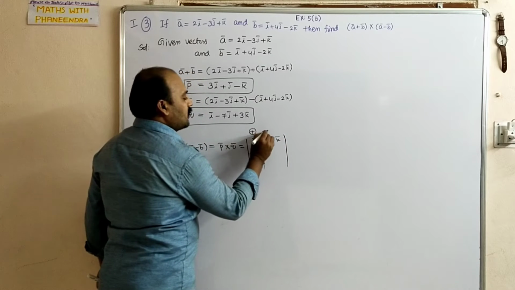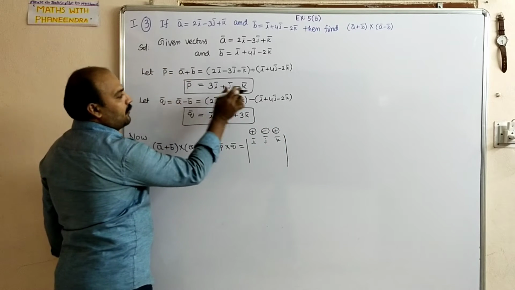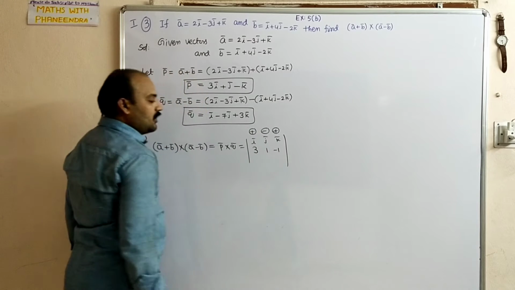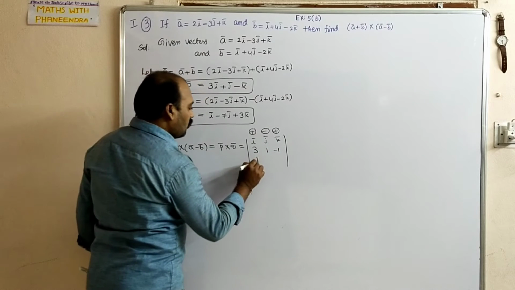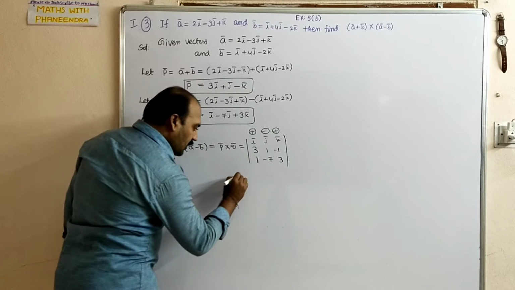Here we know that plus minus plus. In the p bar vector 3 1 minus 1, in q bar vector 1 minus 7 3. So now we are expanding.